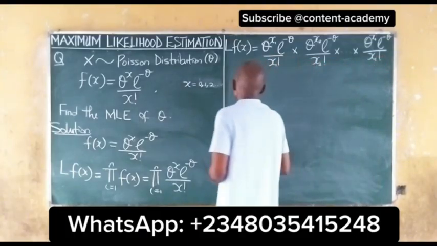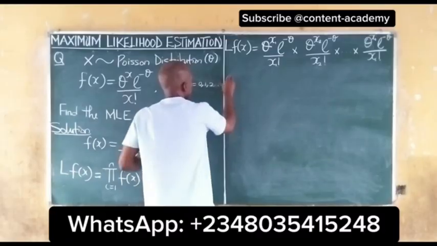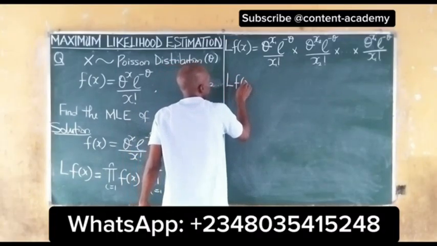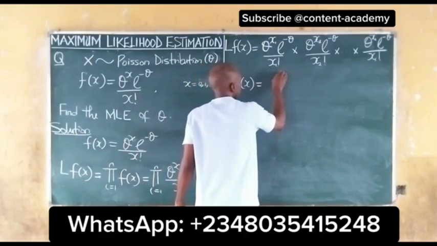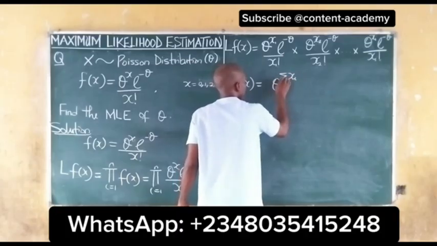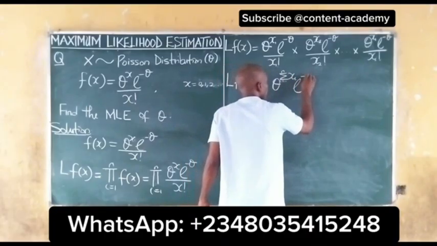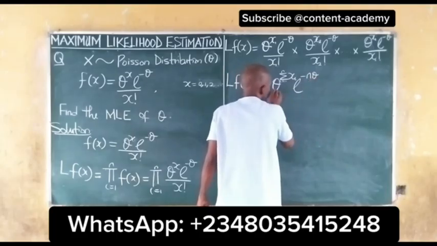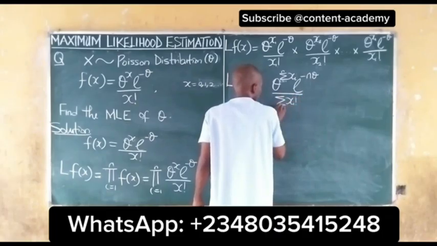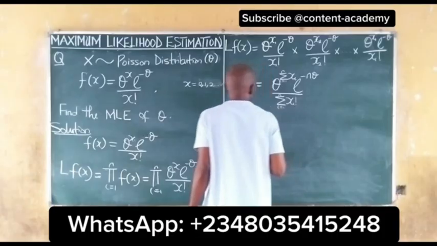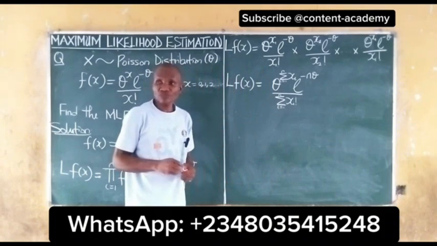Now, if you take the product of this function, we'll have our likelihood function written as theta to the power summation of xi, i from 1 to n, exponential negative n theta, all over the product of xi factorial, i from 1 to n. This is exactly what we get.